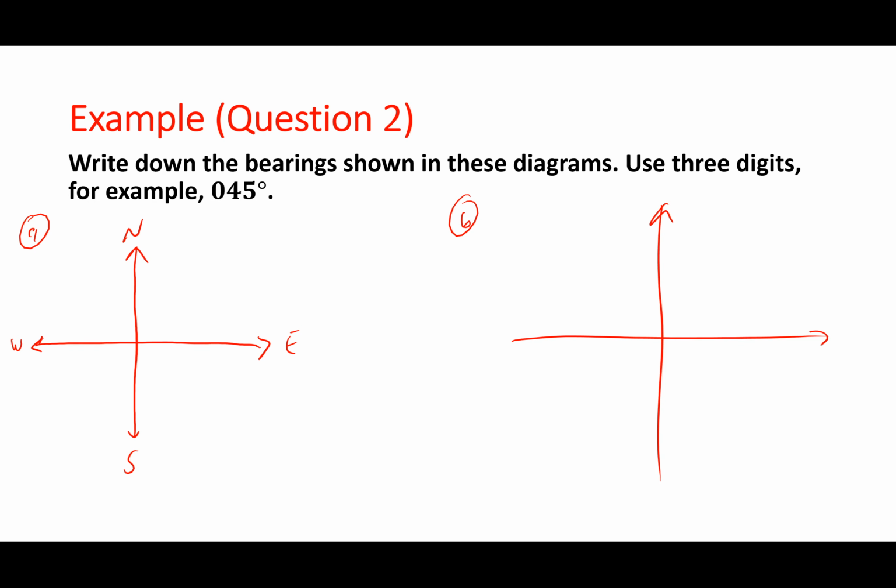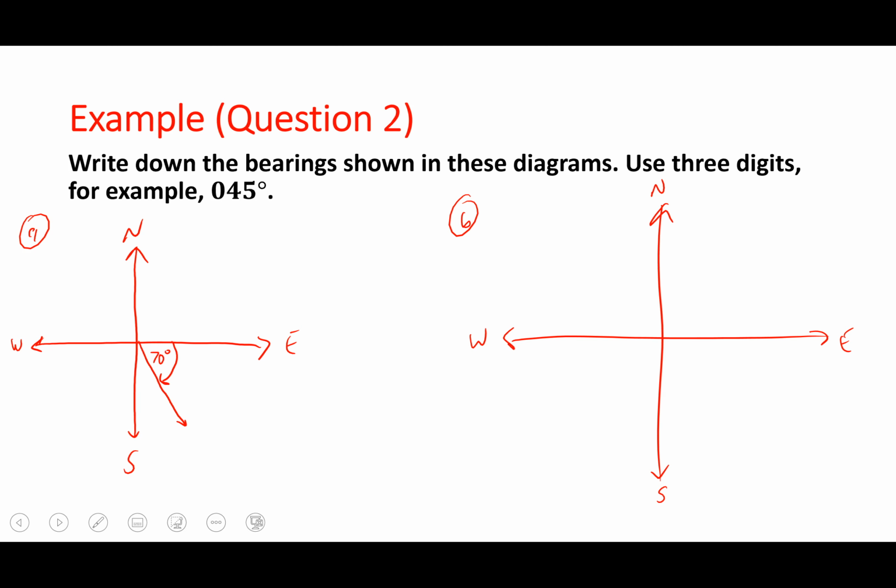Now, the reason why I'm drawing these is, A, these are really hard to find, and B, I want to draw specific ones for you. Let's have a look at one, for example. Let's say it is 70 degrees from east.